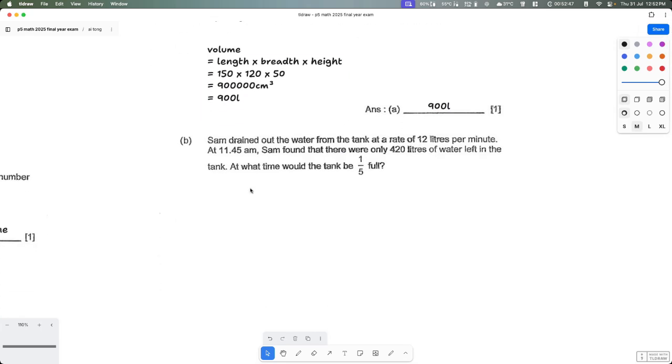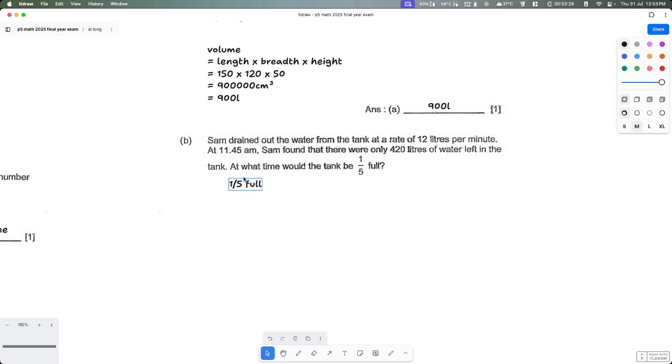Okay, let's move on. Next one is Sam drained out the water from the tank at a rate of 12 liters per minute. At 11:45 a.m., Sam found that there were only 420 liters of water left in the tank, right? So at what time would the tank be one fifth full? So first, we want to know what is one fifth full.